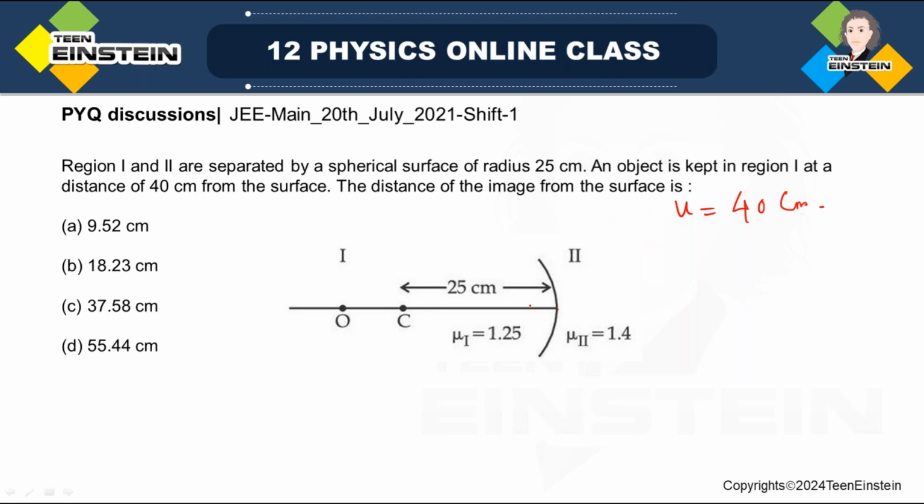So you have to find out the image distance here. See, this is actually refraction by a spherical surface. If you remember the formula we have learned, we can directly apply it and get the answer.